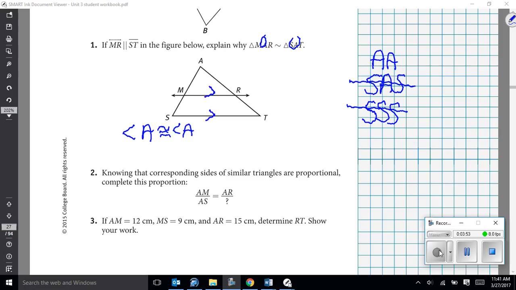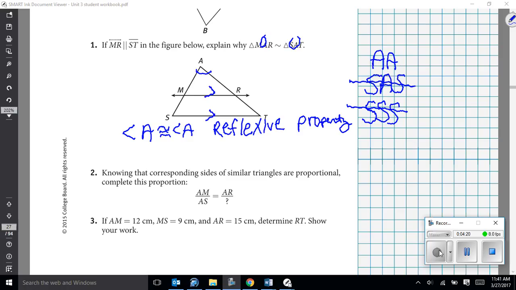What's the reason that those 2 angles are congruent to each other? Reflexive. What else could you say? It's a shared angle, right? So you can say shared angle. That would work in this class, but the official reason is the reflexive property. All right, so that's 1.